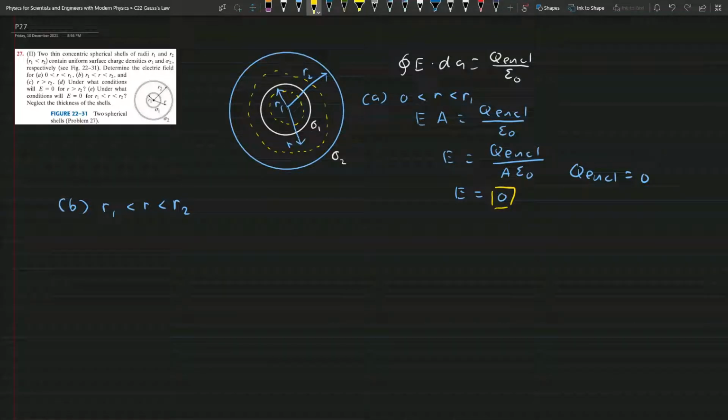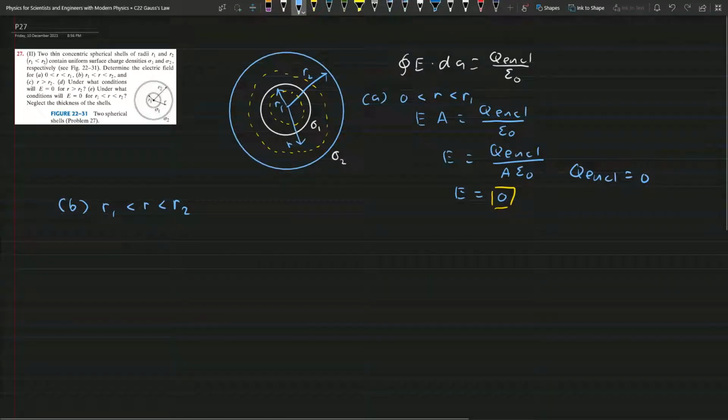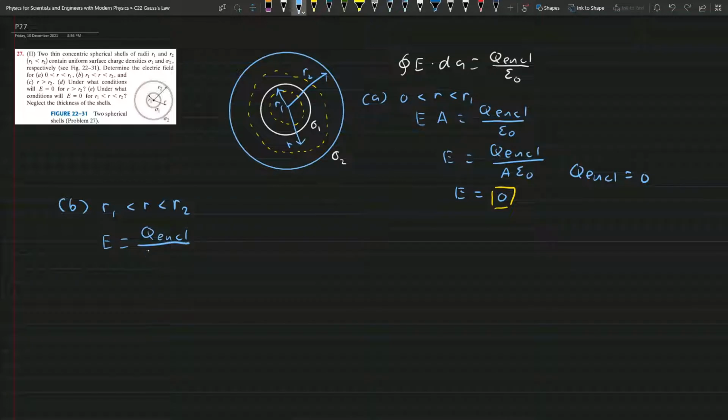You can see here in this case, if this has a sigma 1, that means we have a charge enclosed by the surface we choose. So we use the same thing. E equals to Q enclosed over A epsilon naught.